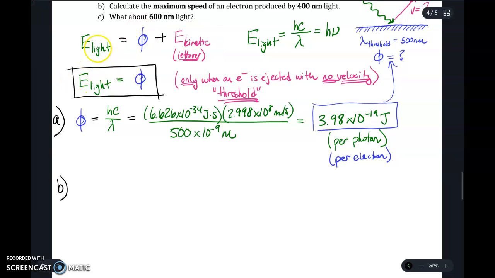Because if there's enough energy in the light to match the work function and have some amount left over, then we want to use that information to solve for how much is left over. So I'm going to take this equation up top here and rearrange it, because what I want to do is basically solve for the kinetic energy of the electrons that are being ejected.